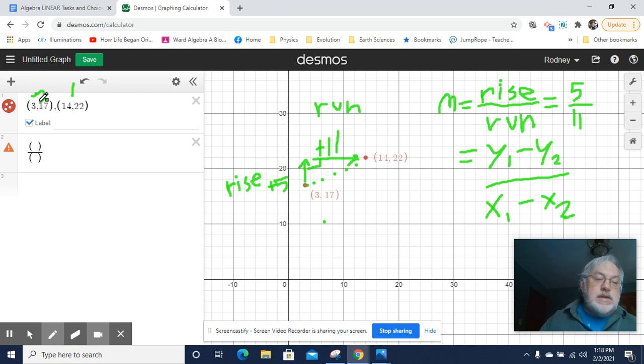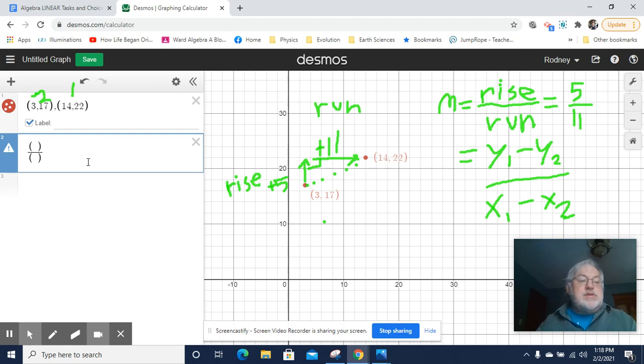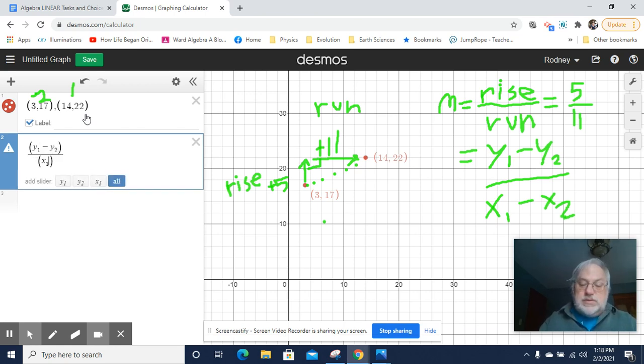And there's a reason I did that, but it's really because I'm being a little bit lazy, avoiding dealing with subtraction that leads to negative answers. So if this is point 1 and this is point 2, I'm going to do y1 minus y2, and down here I'll be doing x1 minus x2. And that's going to get me the differences that are my rise and run.